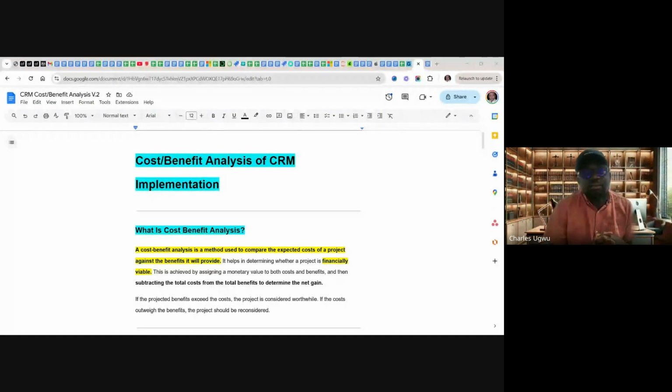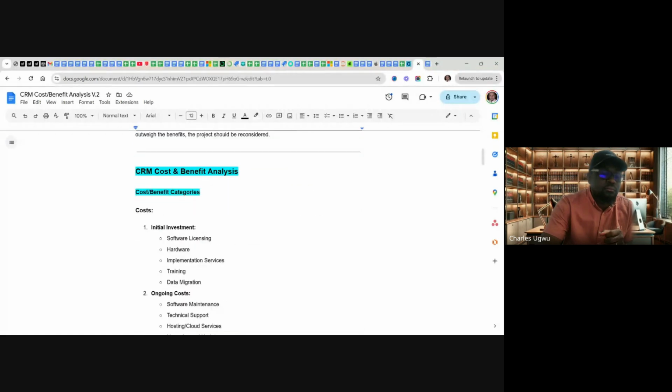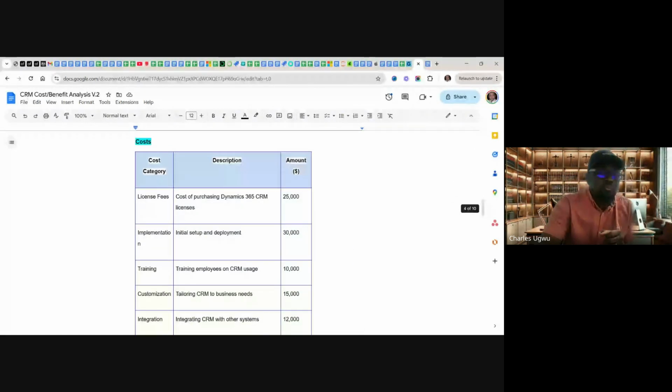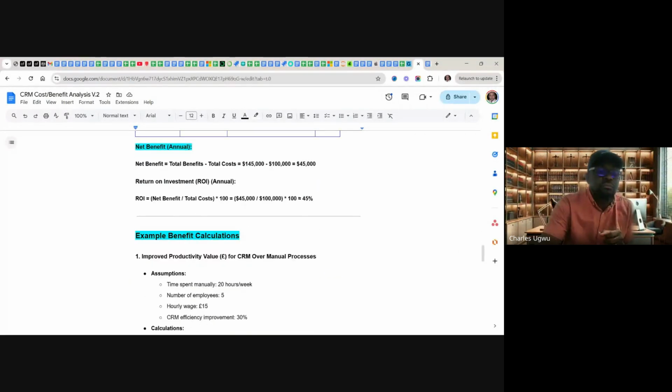So if it's negative, it means that the project is not viable after the subtraction. And if it's positive, it means, like in our case, it's positive because after the subtraction here, we see it is 45.